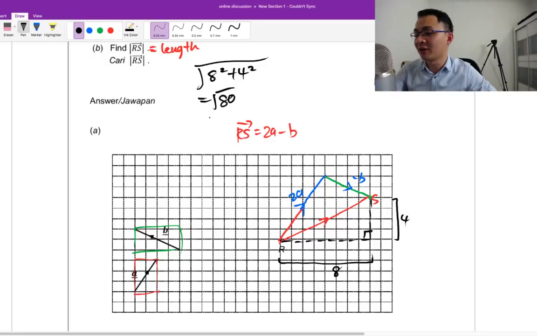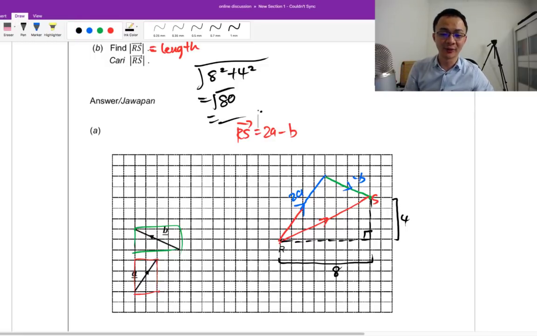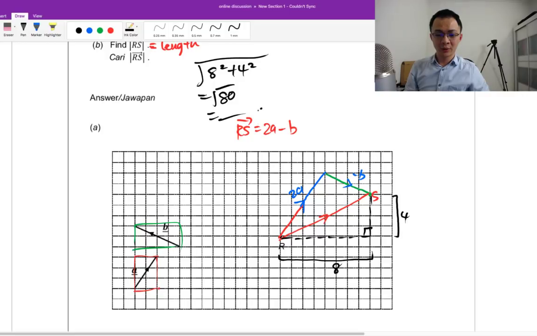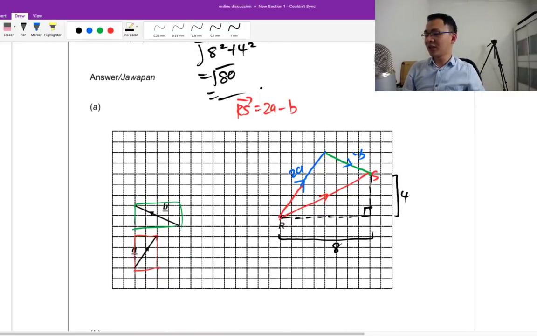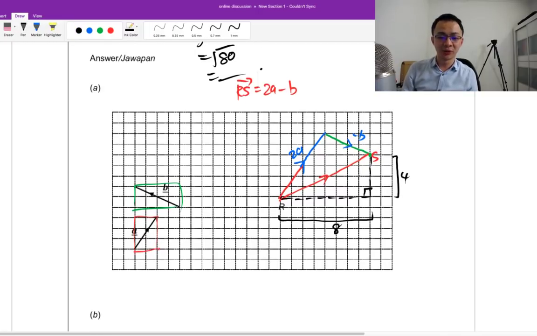Then you use the calculator and you should be able to get the answer. Actually you just draw the RS should be fine, but if you show the 2A minus B, I don't think the examiner will deduct your marks. So it's okay to show.